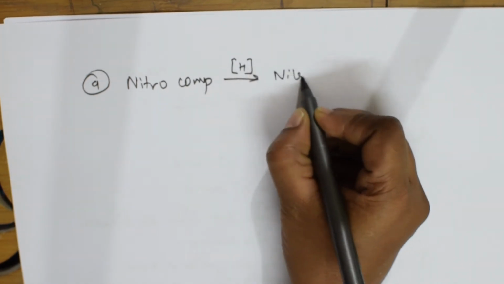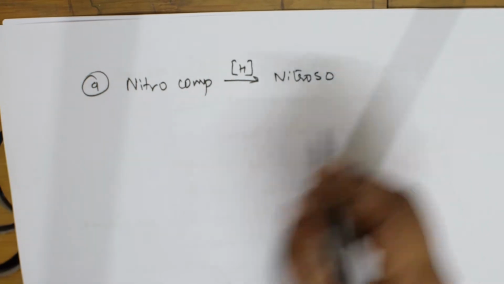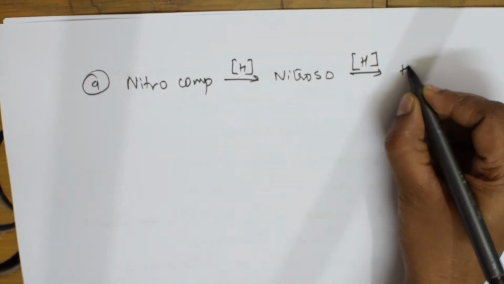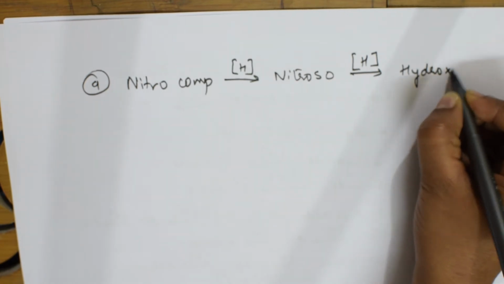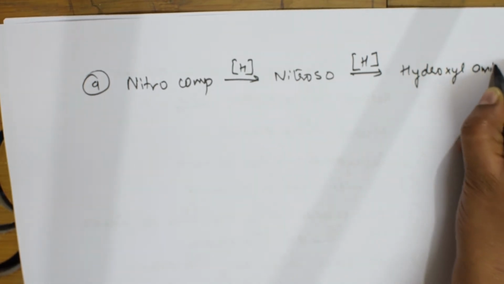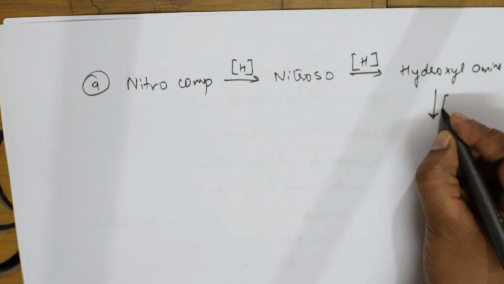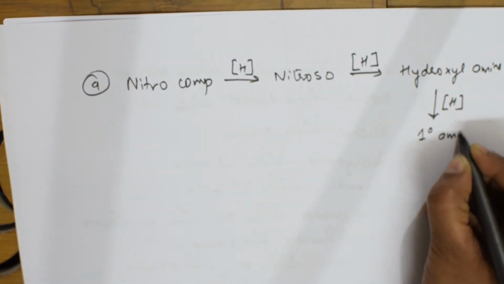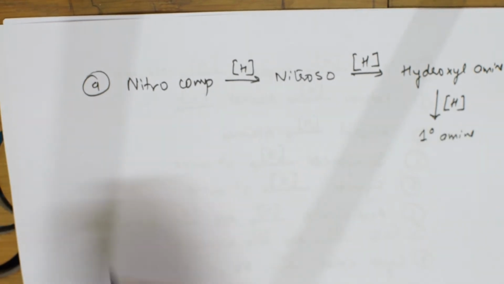It's going to give a compound called a nitroso compound. This nitroso compound, when we reduce it further, is going to form hydroxylamine. Hydroxylamine on further reduction gives me a primary amine. Done, students? Yes.